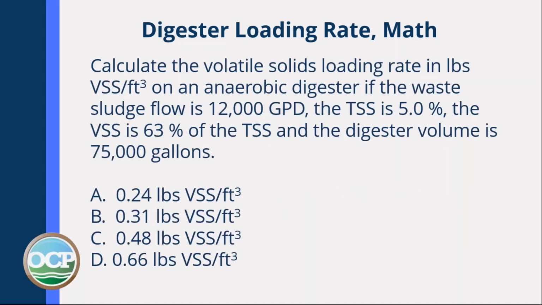Here's one for you to work out. Calculate the volatile solids loading rate in pounds of volatile suspended solids per cubic foot on an anaerobic digester if the waste sludge flow is 12,000 gallons per day, the TSS is 5%, and the volatile suspended solids is 63% of the TSS, and the digester volume is 75,000 gallons.